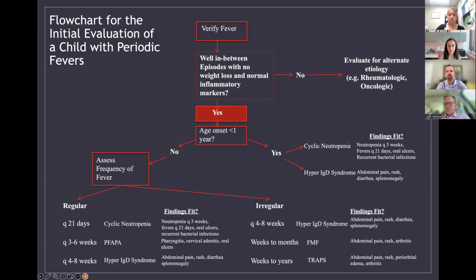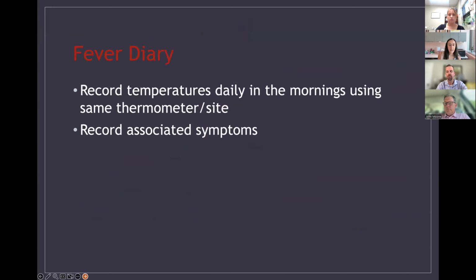And so then the very first one, which I didn't have on here, but I want to spend most of my time talking about because it's what most of them have, is not a non-inflammatory syndrome. But as part of the initial workup, one thing that I say is to take a fever diary. So this is the stage where I start to recommend it.